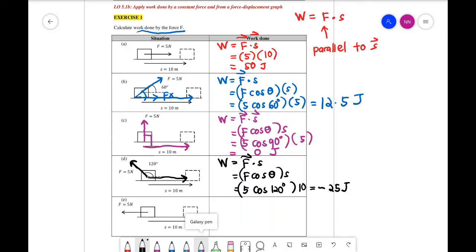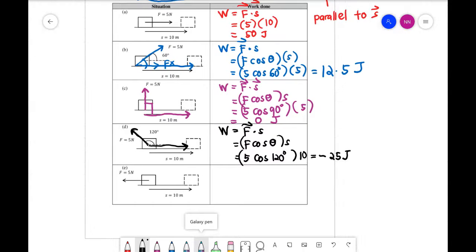Alright, and then how about E? For E, the angle between force and the displacement is 180 degree.